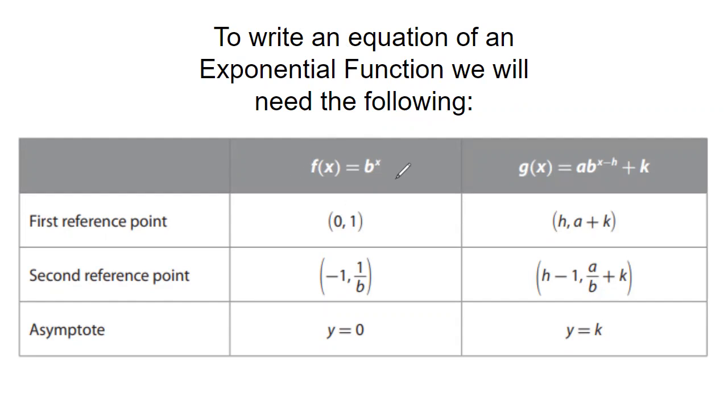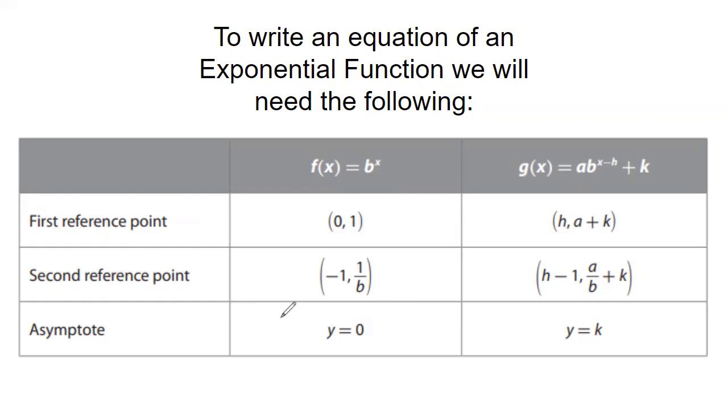If we have the parent function f of x equals b to the x with no parameter a, or a being 1, h being 0, and k also being 0, then our first reference point will be (0, 1). Our second will be (-1, 1 over b). And our asymptote will be at y equals 0.